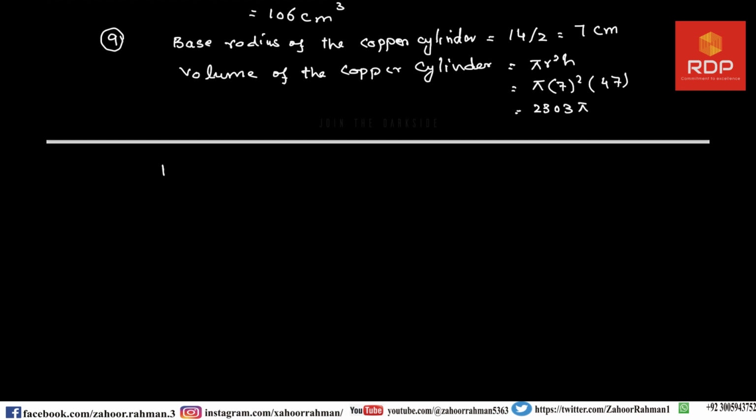So we say let the length of the wire be L, and we have to find the value of L. Now we have to find the base radius, because the diameter of the recast wire is given to us, and that is 8.